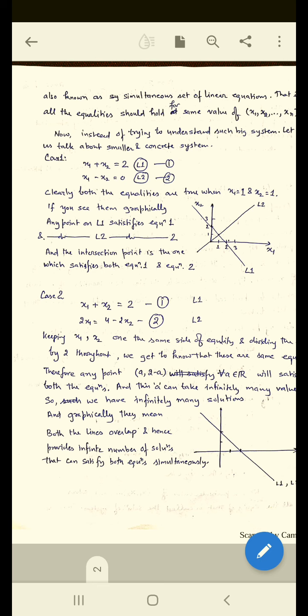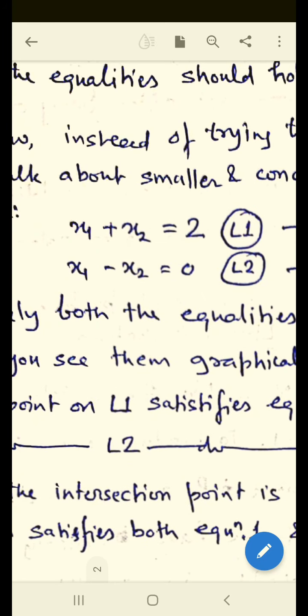When you say a simultaneous system of linear equations, it means the same values of the variables should satisfy all the equations. These are the equality conditions L1 and L2, and both should be satisfied with the same values of x1 and x2. If so, we say they can be simultaneously satisfied, and that is why we call it a simultaneous system of linear equations.